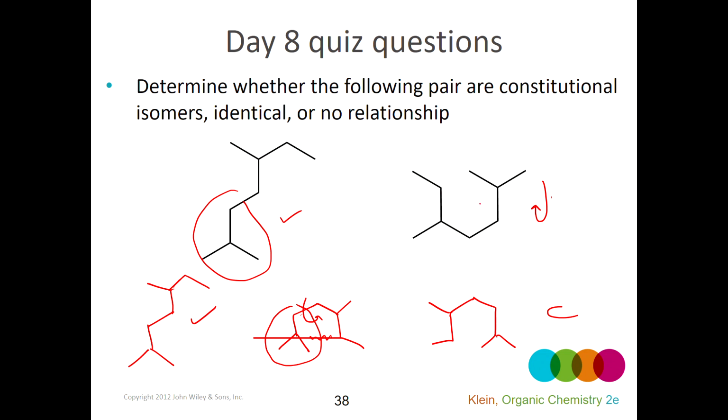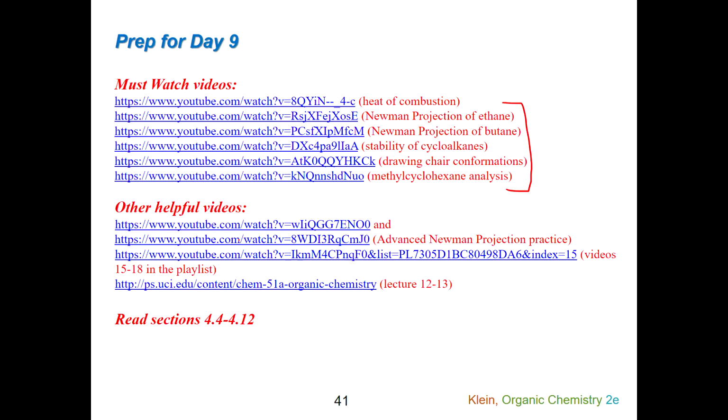When I rotate the bonds in this way, this is a problem because these hydrogens here and the hydrogens here, I mean, these are orbitals full of electrons, and if they get too close, they cause a lot of repulsion. So the most stable version of a structure is where it's more elongated and stretched out, and we're going to see examples of that, talk about that in a lot of detail on Tuesday. So check out the videos related to that.